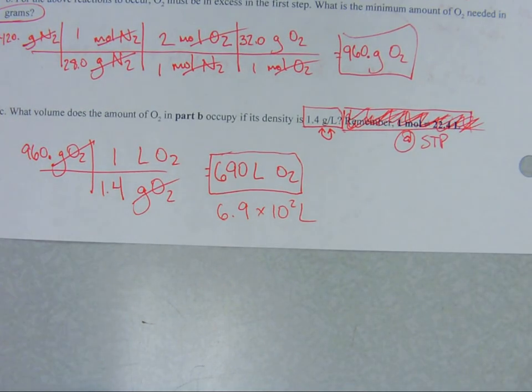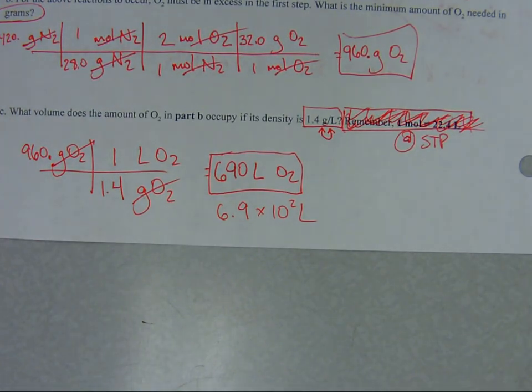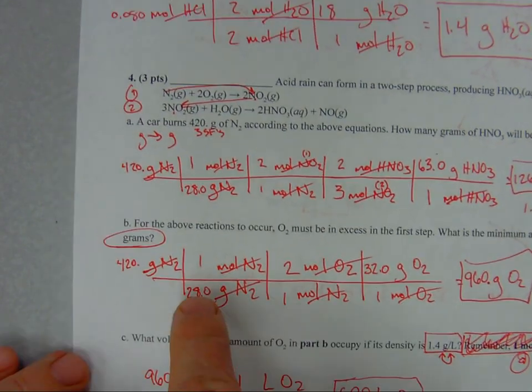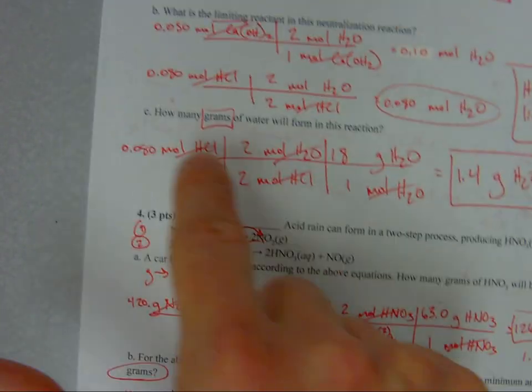All right, guys, that's going to do it for section 3. We had some limiting reactant problems. We actually had some problems that asked about excess reactant. We did a little work with percent yield. Please notice factor label method.